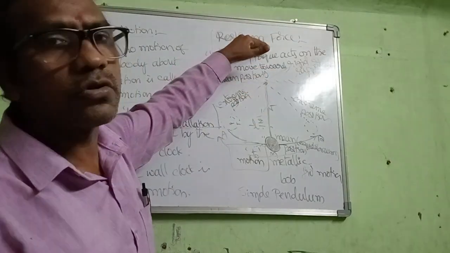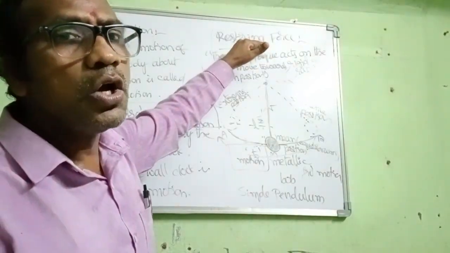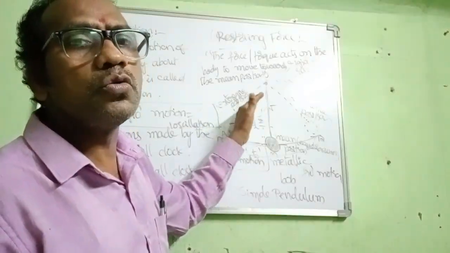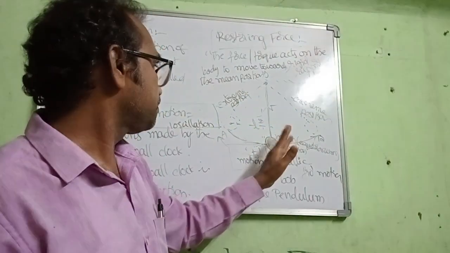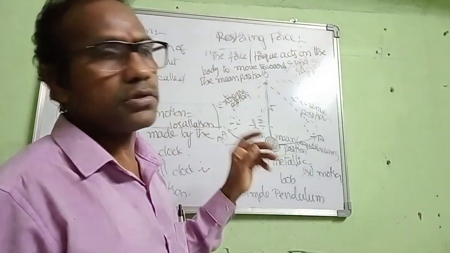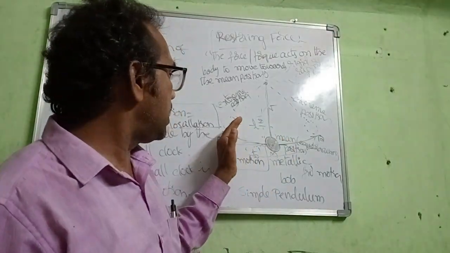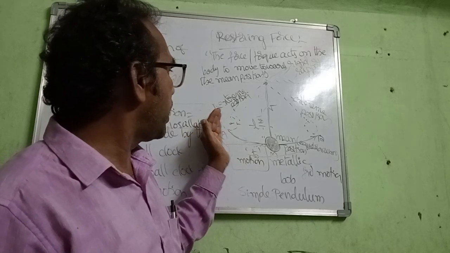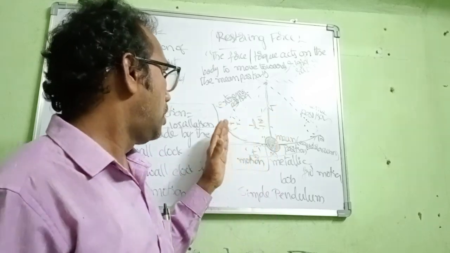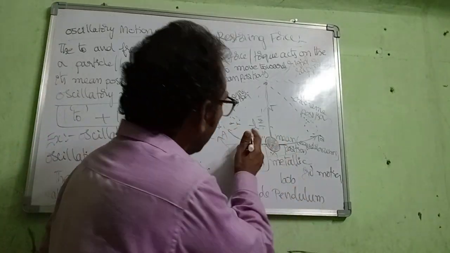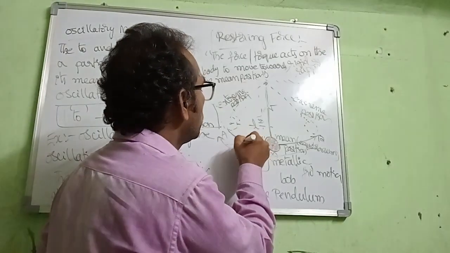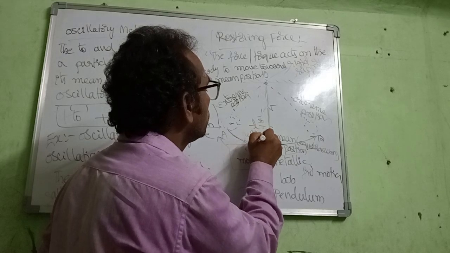One is the restoring force. This force acts on the simple harmonic oscillator and tends to move it towards the equilibrium position. Whenever it moves from the extreme position OA to the mean position, it increases.